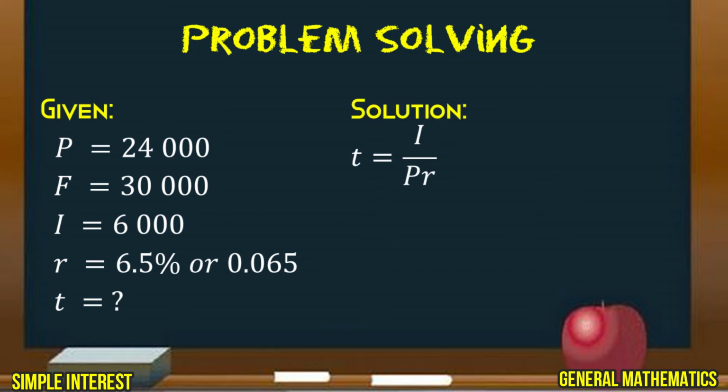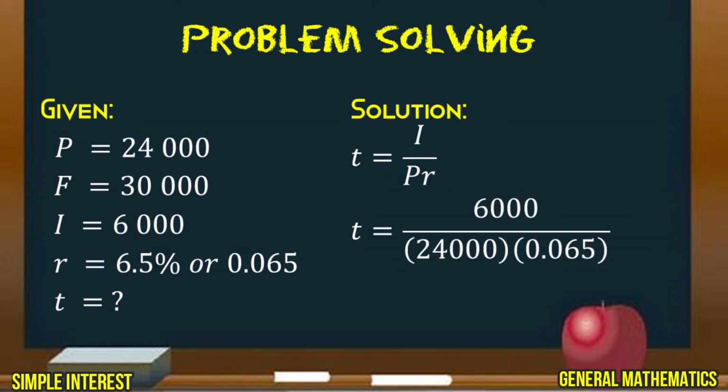Now use T is equal to I over PR to solve the problem. Then substitute, multiply 24,000 and 0.065. We now have this equal to 6,000 over 1,560. Simplify.